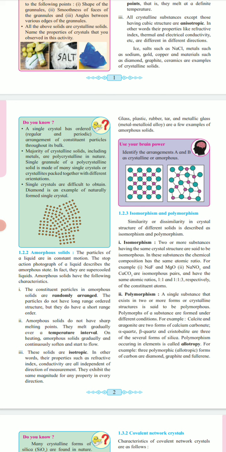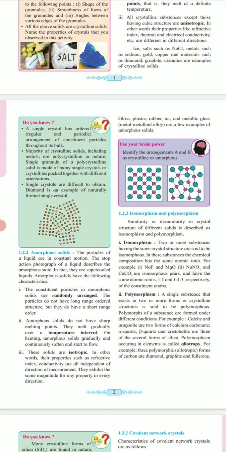Polymorphism. A single substance that exists in two or more forms or crystalline structures is said to be polymorphous. Polymorphs of a substance are formed under different conditions. For example, calcite and aragonite are two forms of calcium carbonate.